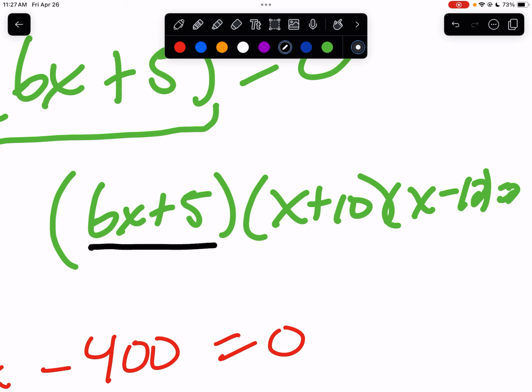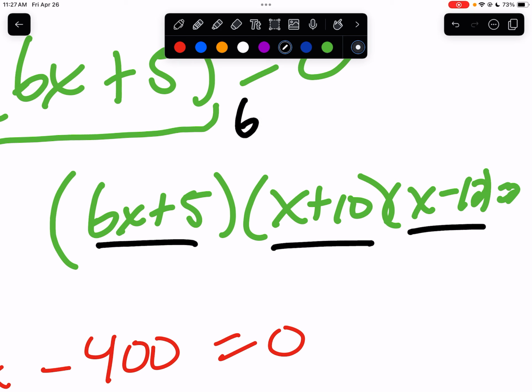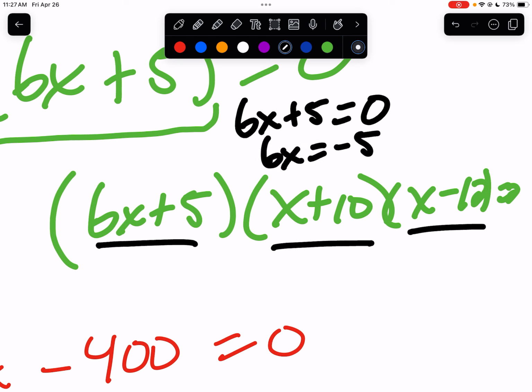And if it was the number 0, what is 0 times anything times anything? Well, it's 0. So if any one of these 3 numbers is actually the number 0, then the whole thing is 0. So what we're doing is 6x plus 5 equals 0. So 6x would equal negative 5, and x would equal negative 5 over 6.